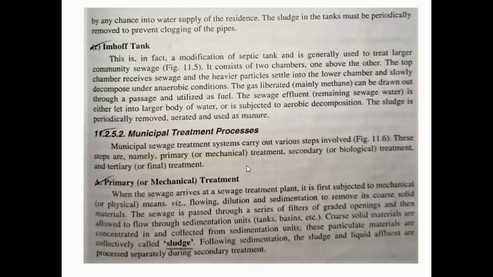In this process we are using filters. Filters are used to grade the higher particles, smaller particles or very small particles. The sewage is passed through a series of filters of graded openings and then allowed to flow through sedimentation units, tanks, basins, etc. Coarse solid materials are concentrated in and collected from sedimentation units.